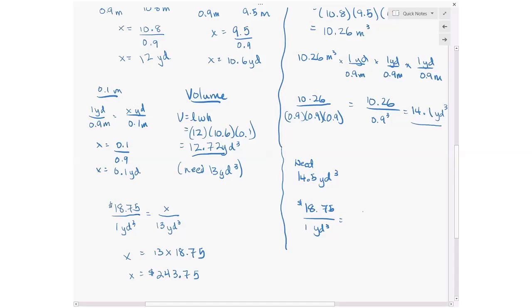How much is it going to be for 14.5 cubic yards? Okay, 14 won't be enough. I can buy half yards, so we'll go to 14.5. So that's going to be 14.5 times 18.75. And I get here, now it would cost 271.88.